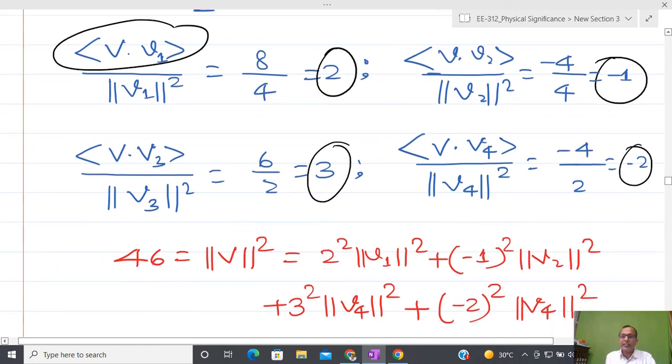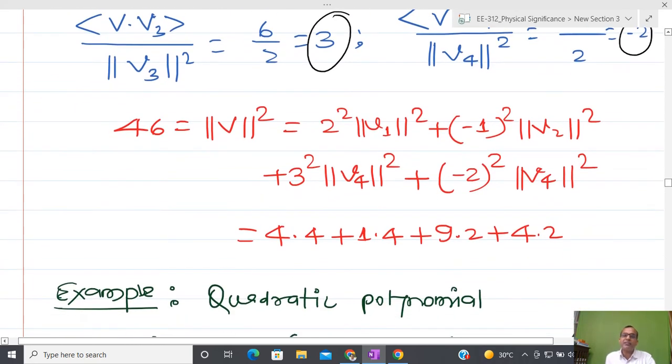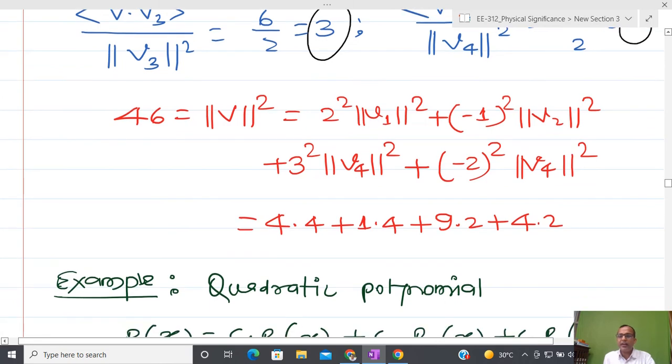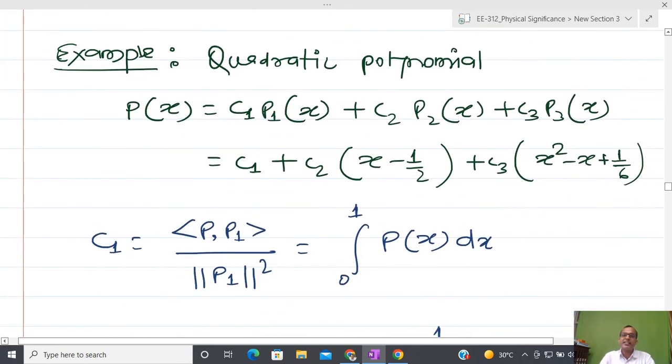So in this way, if I have to express any vector with respect to some kind of orthogonal basis, I can easily do it. Now let us come to some other case. Suppose I have a space where each element is a quadratic polynomial, a second order polynomial for example.